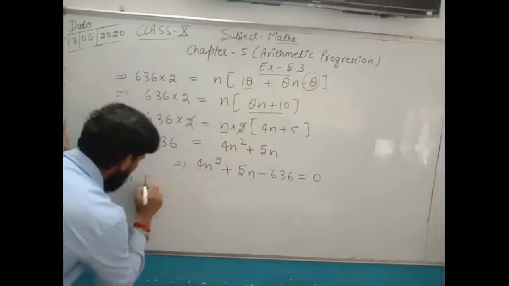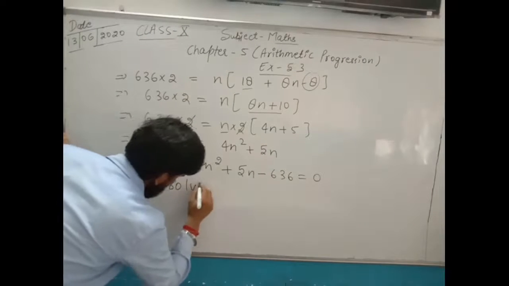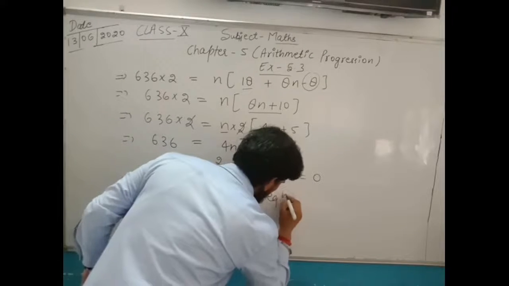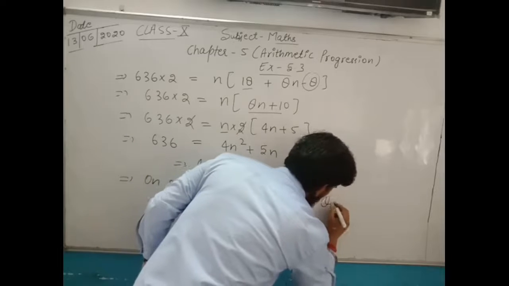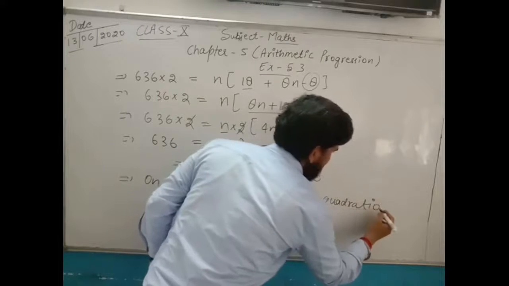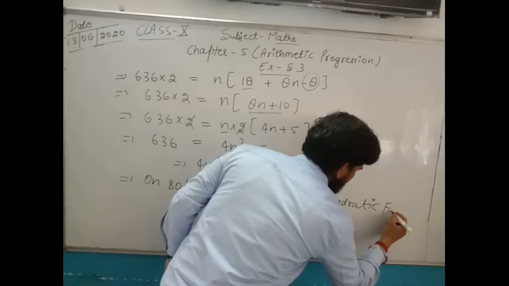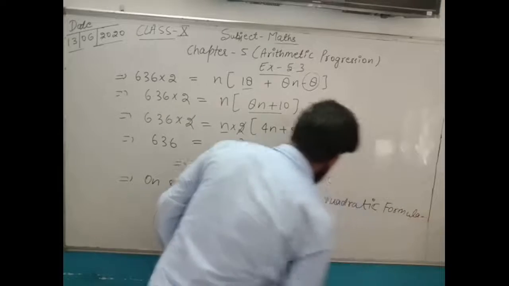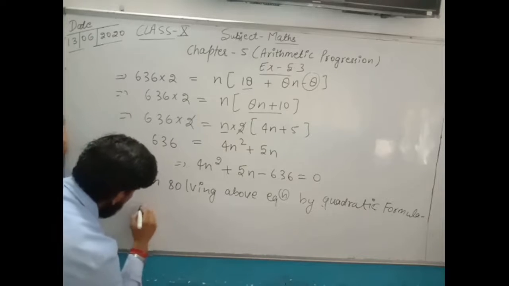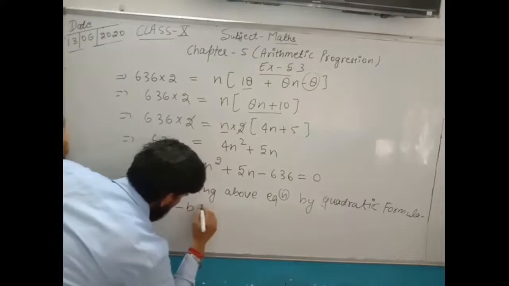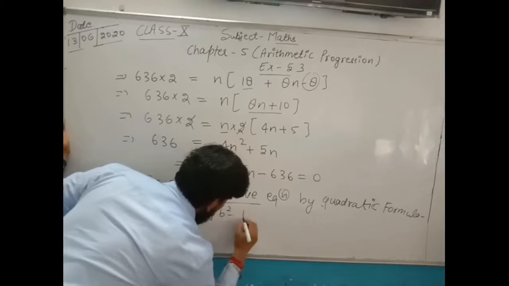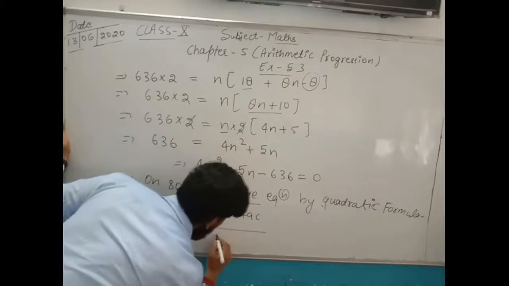So on solving our equation by the quadratic formula, n is equal to minus b plus minus under the square root b square minus 4ac upon 2a.